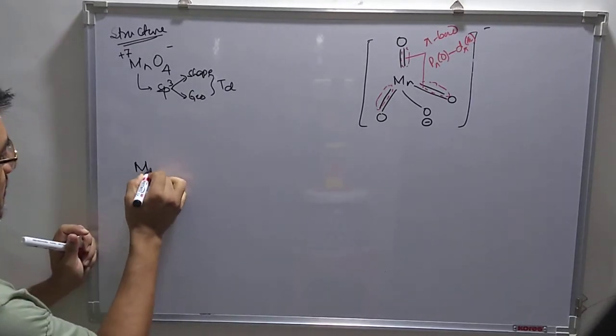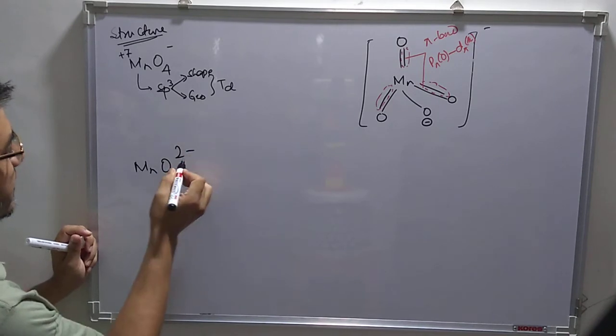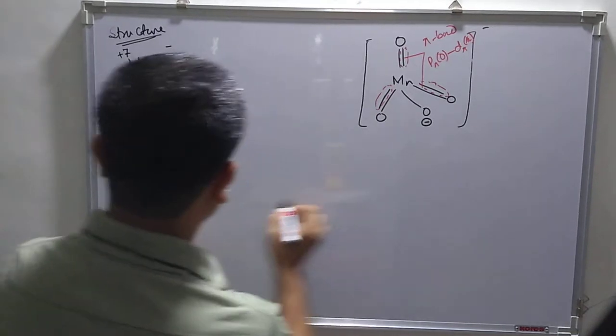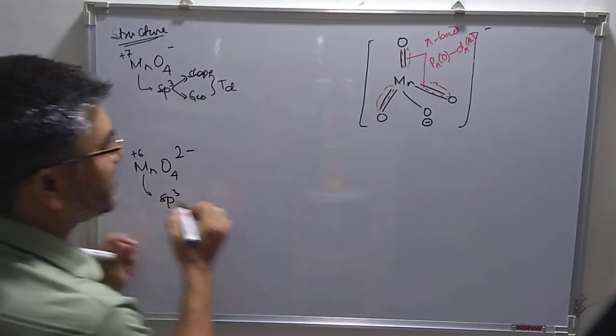We have this MnO4 2 minus, the manganate ion, plus 6. Again, this is sp3.